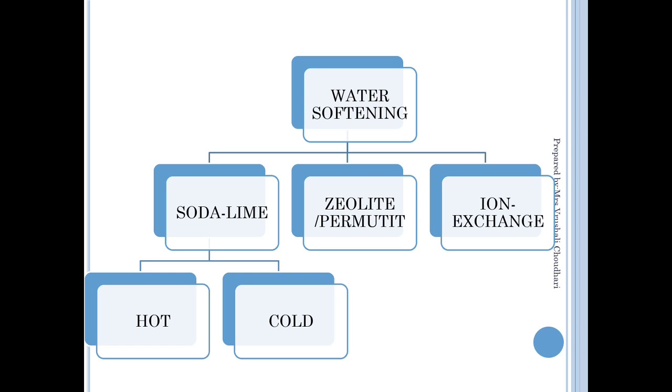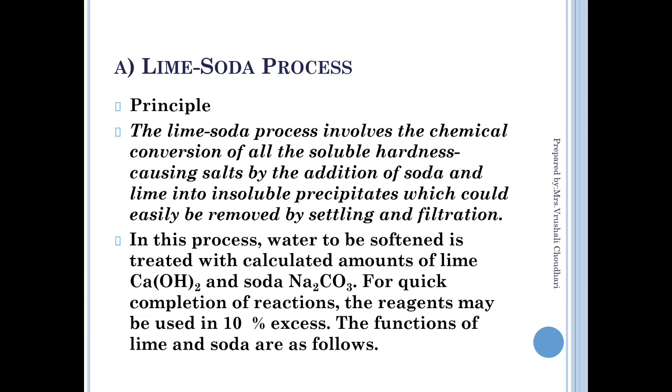The soda lime process can be carried out in two different ways, the hot soda lime process and the cold soda lime process. Zeolite and ion exchange are more precise methods to remove hardness causing salts. What is the principle of the soda lime process?